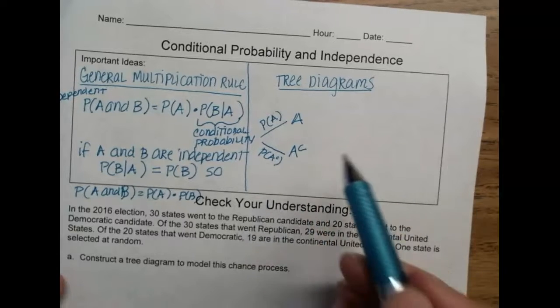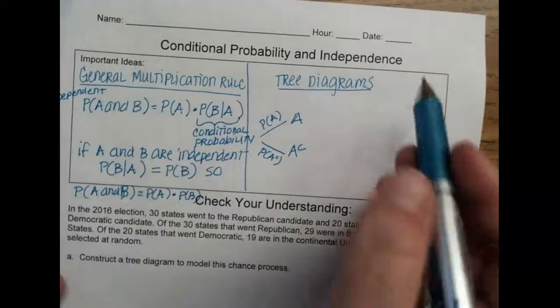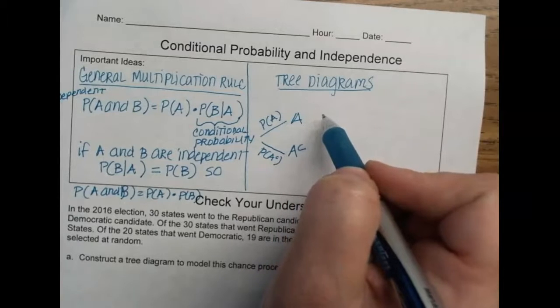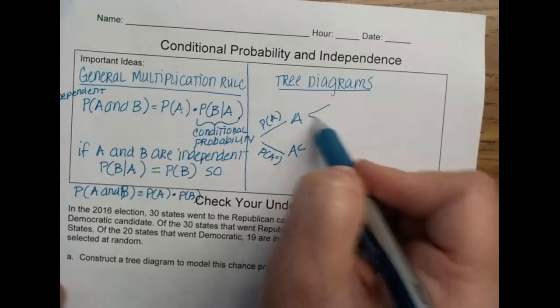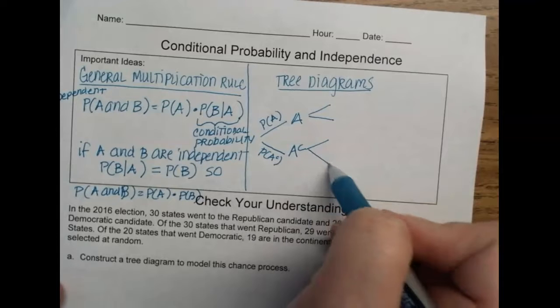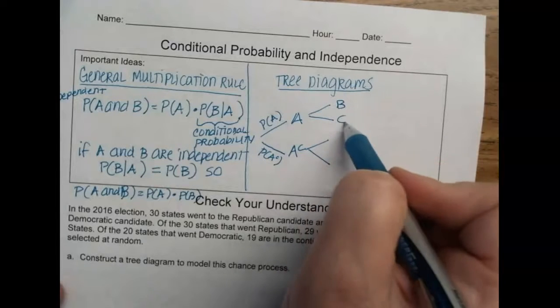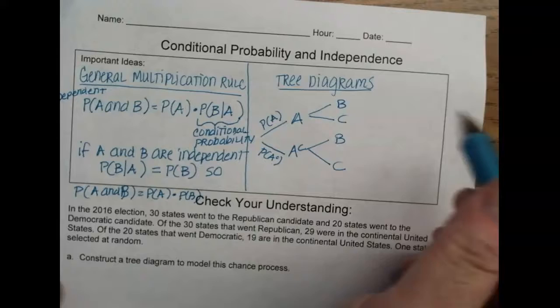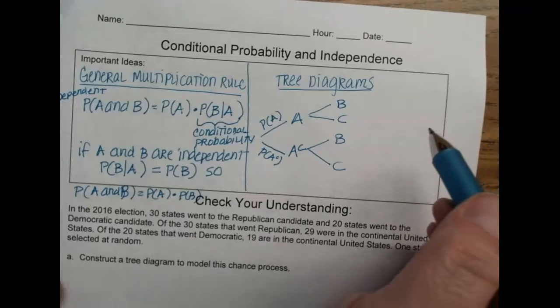From here, we're going to iterate, make this happen again, like deal another card or flip another coin, and you have different outcomes that can come off of this. We're going to call them B and C. We can keep going, but we're going to keep it a little more limited.